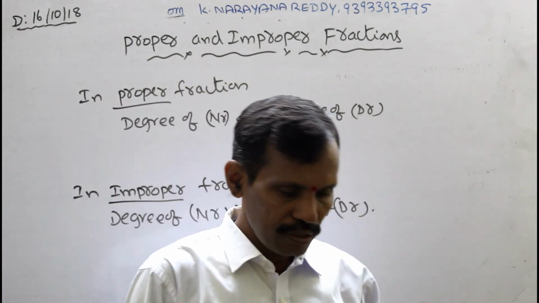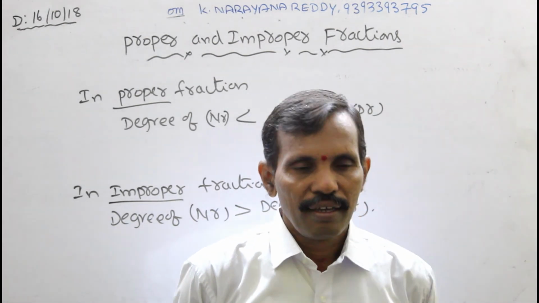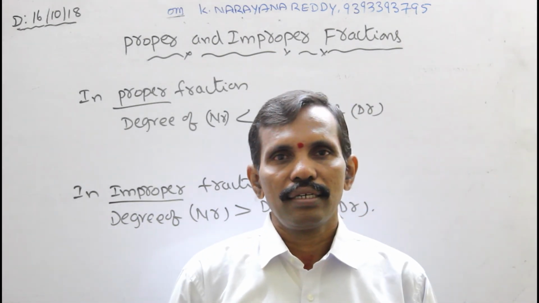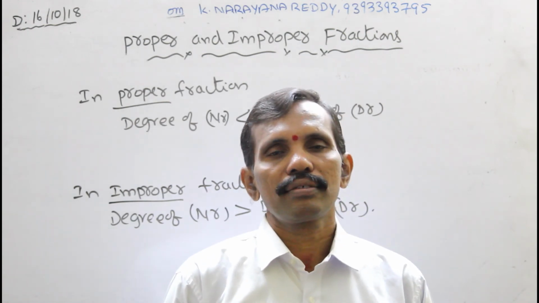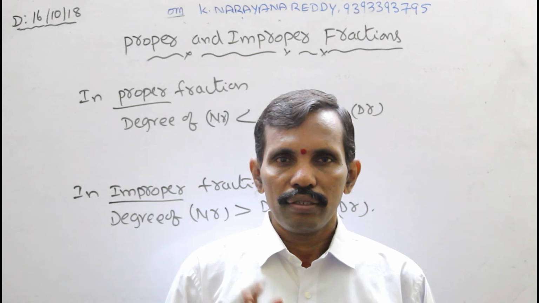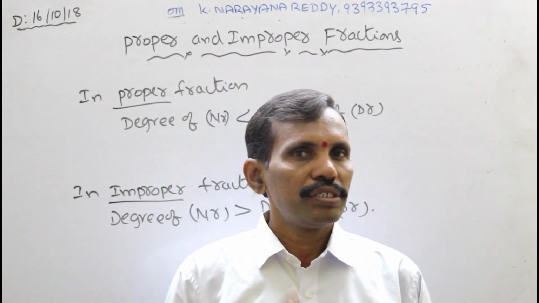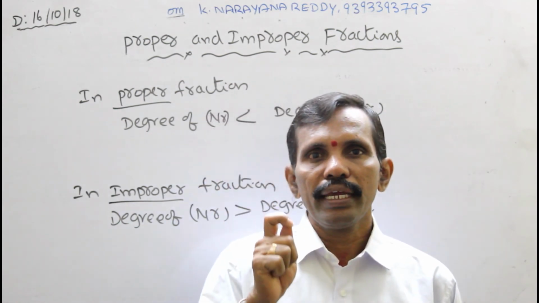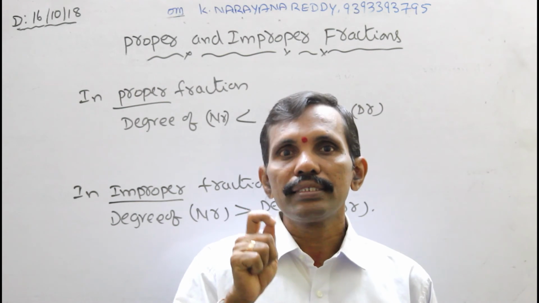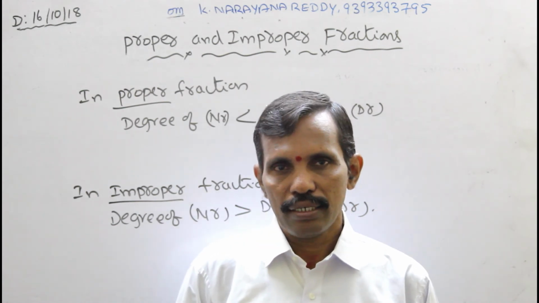Okay, dear friends? Please practice this. You can observe that if f of x and g of x are two polynomials, then f of x by g of x is called a fraction, where g of x is not equal to 0. If the degree of f of x is less than the degree of g of x, it is called a proper fraction.